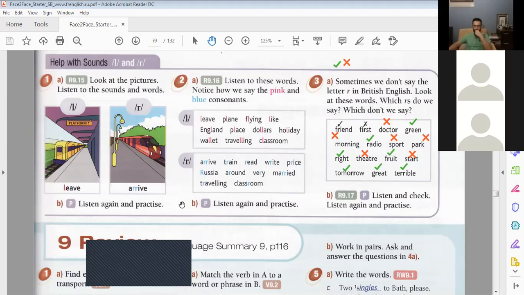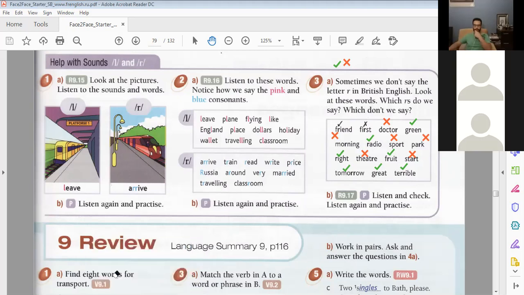Recording 9.17. Friend. First. Doctor. Green. Morning. Radio. Sport.